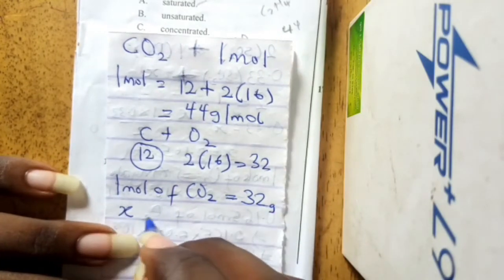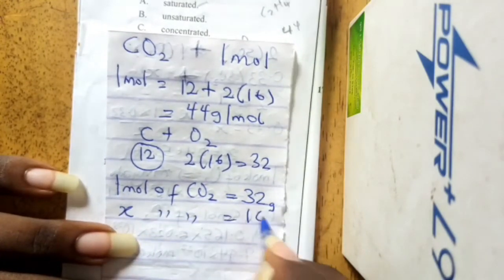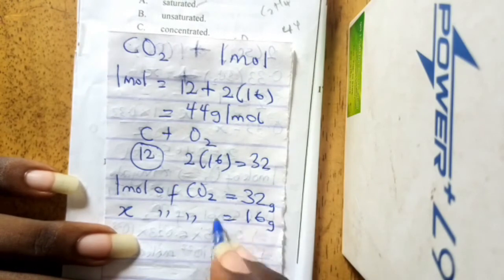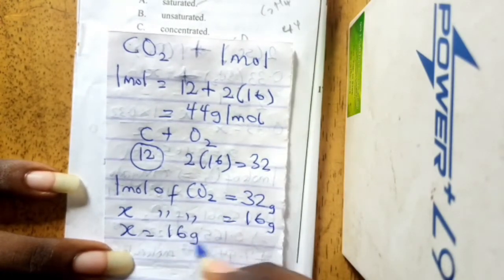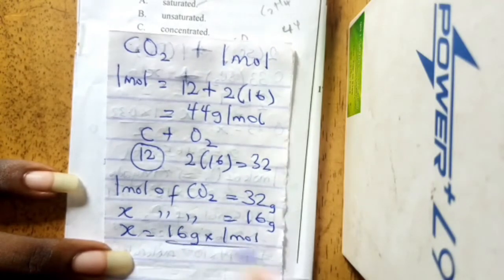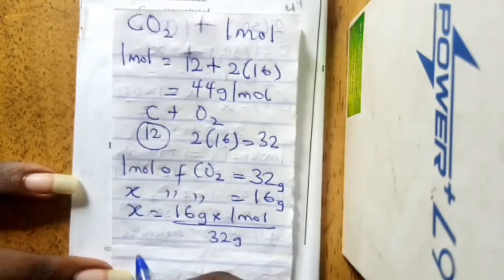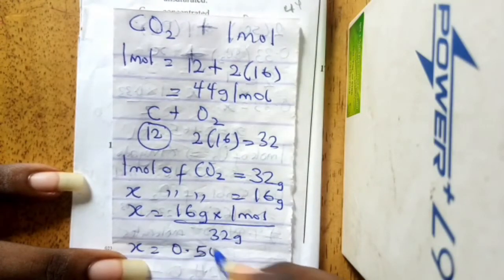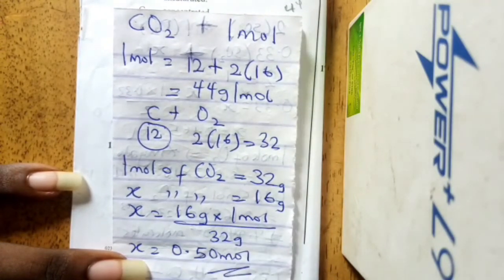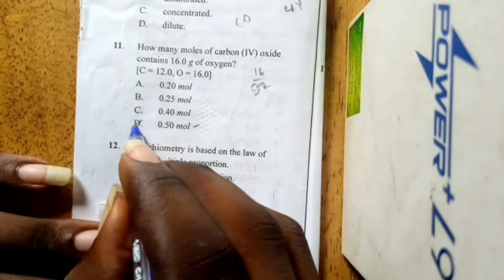So how many mole now of CO2 will contain 16 grams of oxygen? So by simply cross multiplying, x equals 16 grams times 1 mole over 32 grams. So x will give us 0.50 mole. So answer is 0.50 mole.